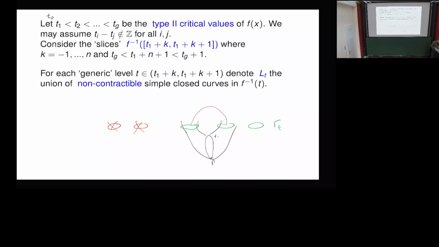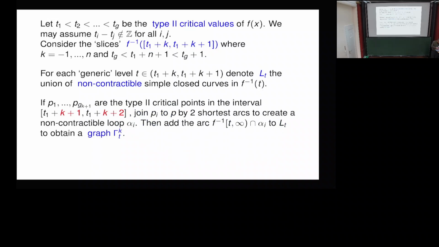So I have arcs that go like that, and the arcs lie in the next level. To be precise, I don't have one graph at each level, right? For every t, I have a graph. So I have infinitely many graphs, and this is what I'm going to use. This is how I'm going to use the covariant.